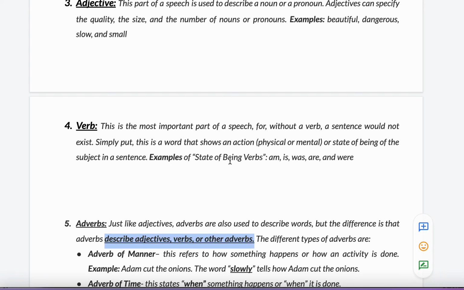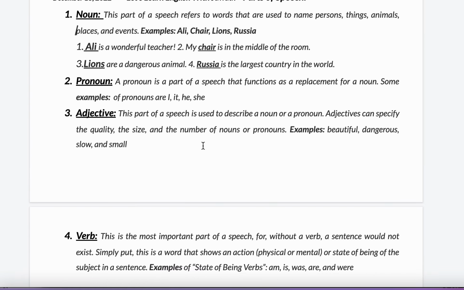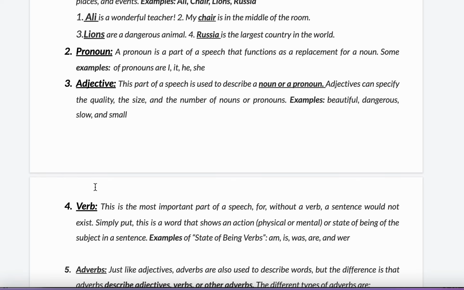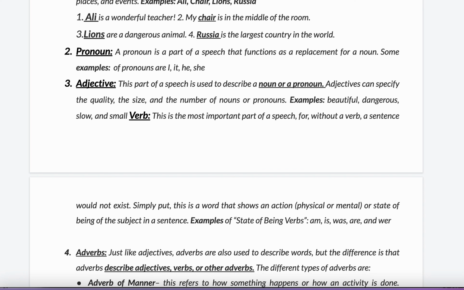Let me just point out, you see the adjective part? Adjective is a part of speech, a word which we use to describe a noun or pronoun. So this is the difference. Okay, so here, let's just for the sake of our thing.